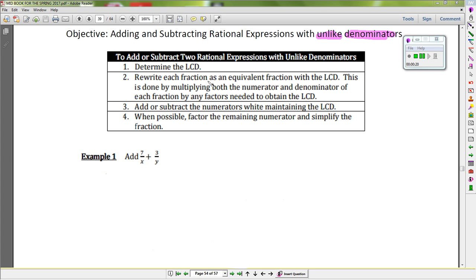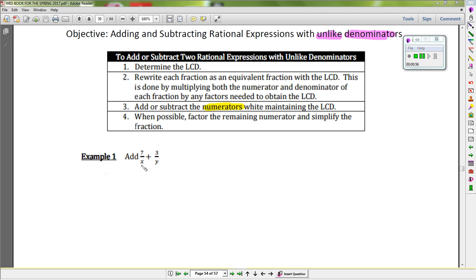Next, we need to rewrite each fraction as an equivalent fraction with the least common denominator. Next, we need to add or subtract the numerators only. And lastly, we can factor to simplify our answer. So let's begin with this example.